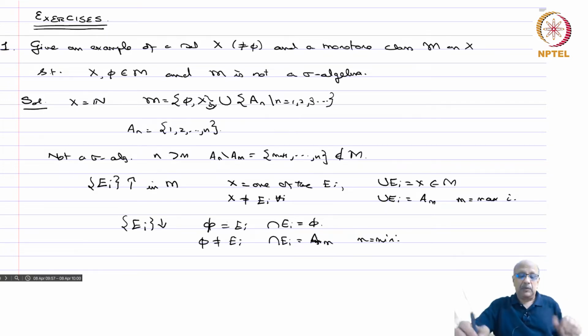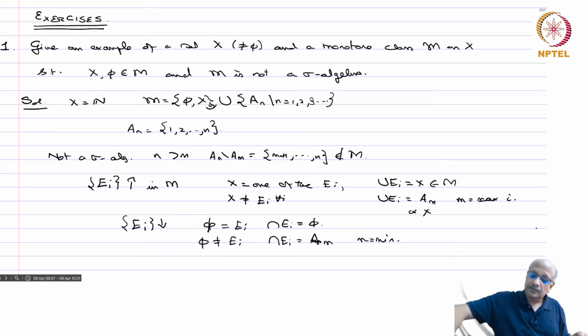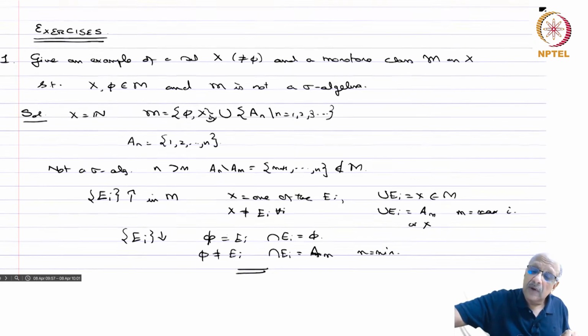There will be a minimum in this case. You can't have a superinf because in this case you have this. So here we put the empty set, or X, it could be X also. Then A_m with m the minimum, and so this is a monotone class, and consequently it's not a sigma algebra.